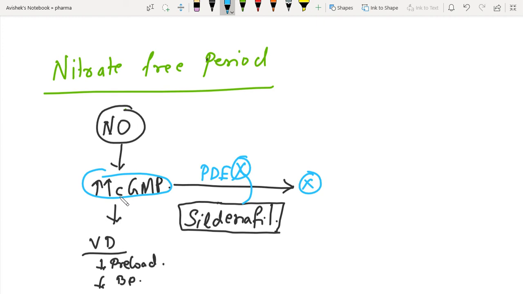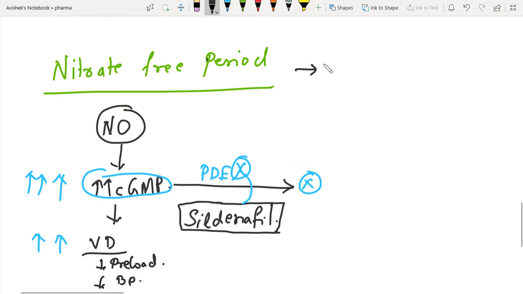So if it is blocked, a lot of cGMP will be there in the body, and this will lead to too much vasodilation, and the person may pass out during orgasm. This is one interesting fact.